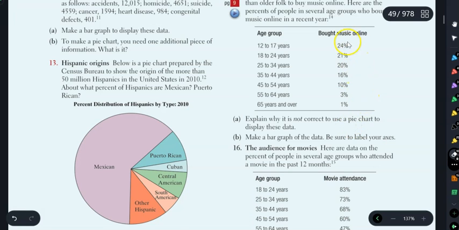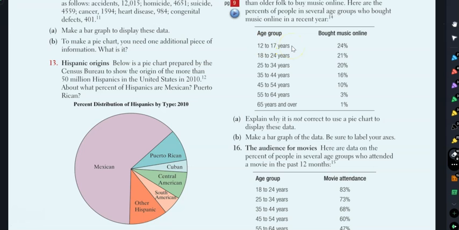Well, we're not talking about parts of a whole. This 24% is not 24% of all these people. I didn't take a survey or a sampling of 1,000 people and break them into age groups. I literally am looking at each age group as its own whole.